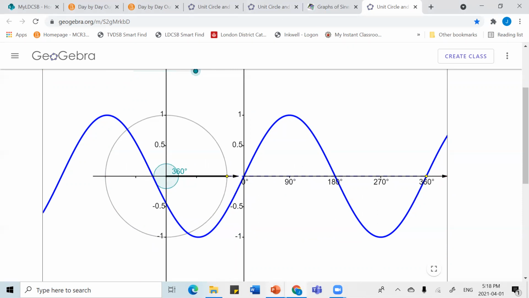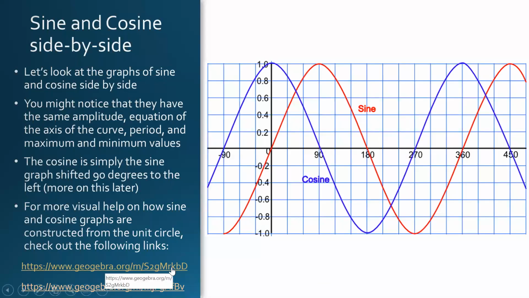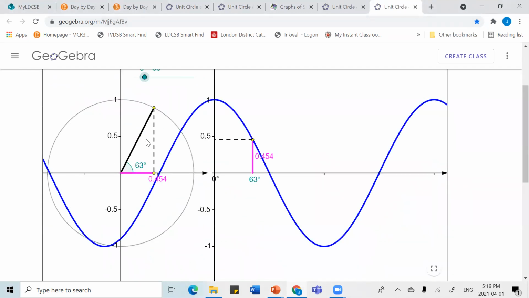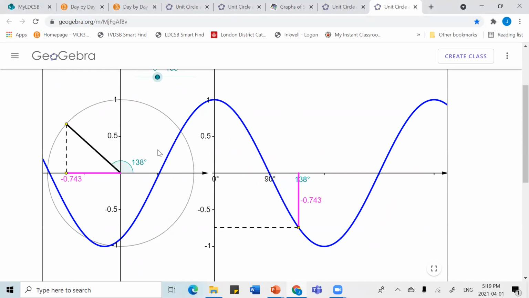And likewise, we can also see another simulation that shows you how the cosine graph is created, and it's created the exact same way. We start with 30 degrees and continue on. In this case, we're just measuring the horizontal distance, which starts off high at 1, then decreases and keeps decreasing.